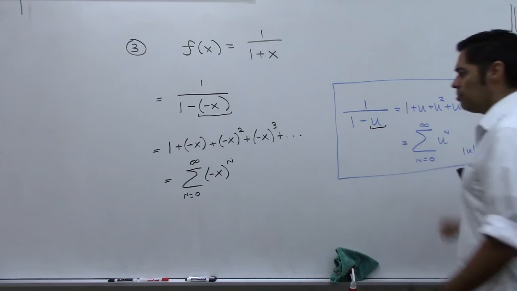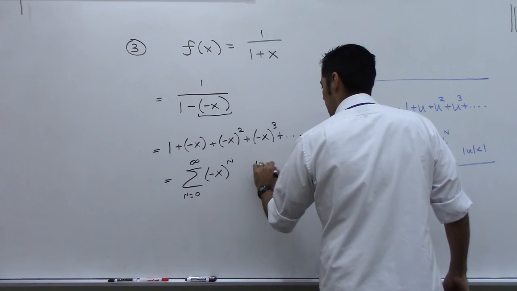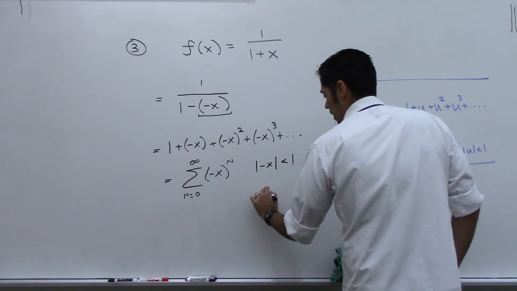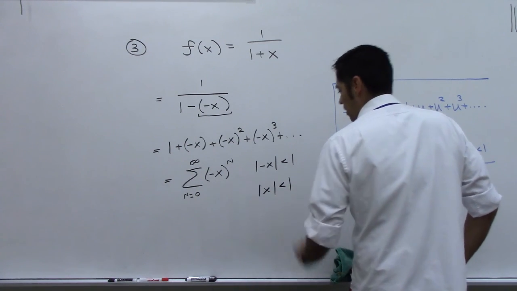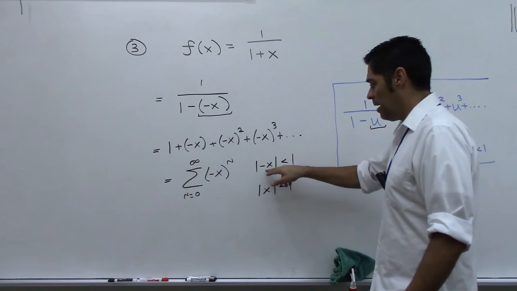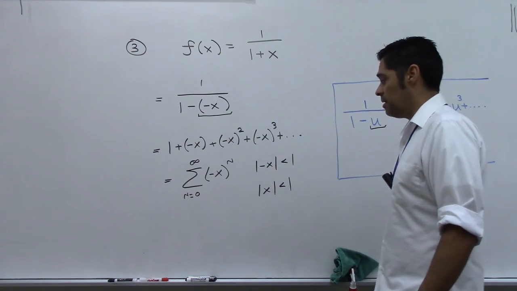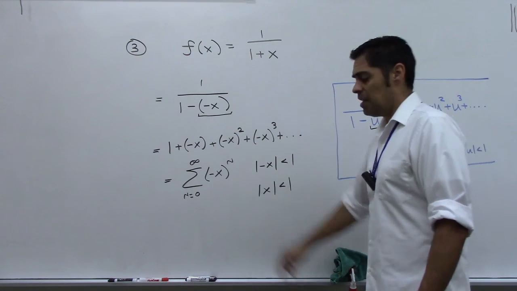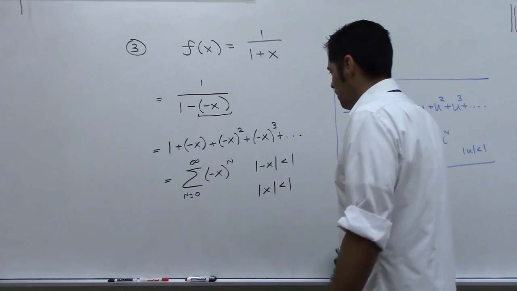And this is true so long as the absolute value of negative x is less than 1, which is the same as saying the absolute value of x is less than 1. So an absolute value has the effect of turning that negative into a positive. So that is the power series representation of the function.